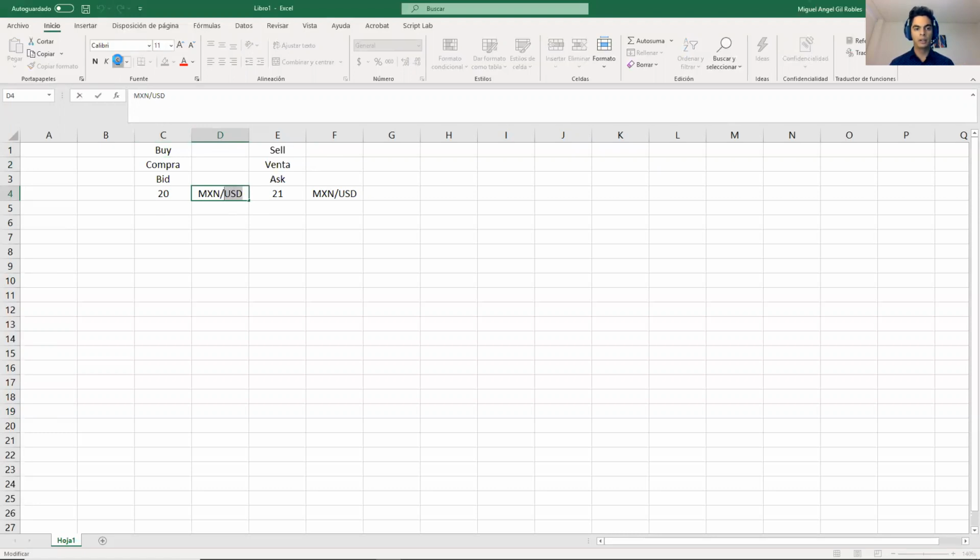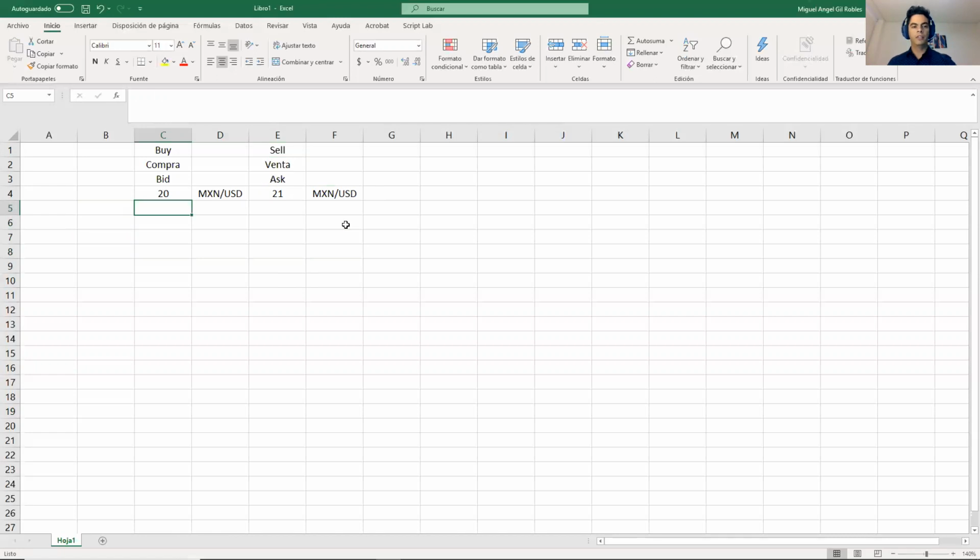They always buy or sell this one. In this case, it's dollars, okay? So always the one at the bottom. If it's this, it means that the bank is buying dollars at 20 pesos. Okay, so just to make it clear. And here it says that the bank is selling dollars at 21 pesos. It is always the money at the bottom.